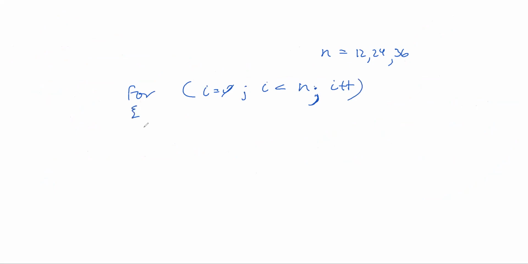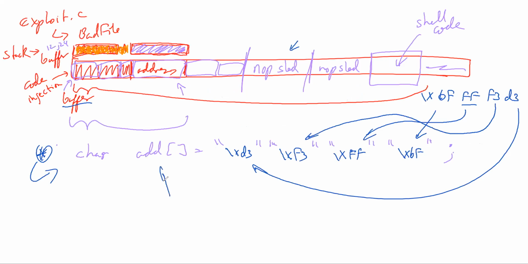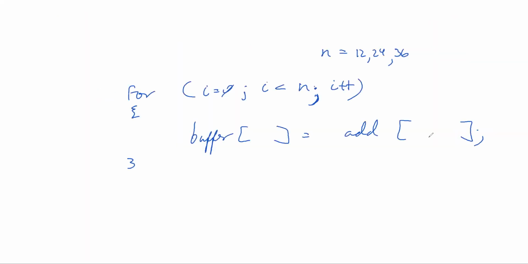Okay, so then you're going to copy the contents of add, which is the one that we created here. Oops, I skipped one. Remember, that's the address variable. It contains your address. So you will copy this address into buffer.